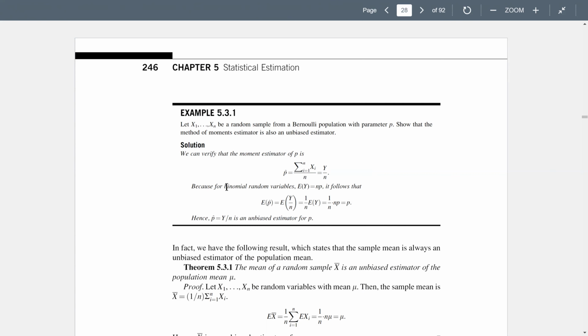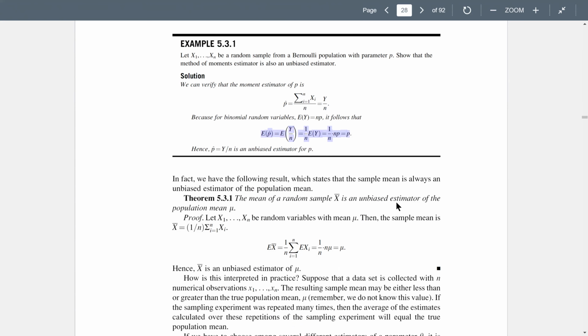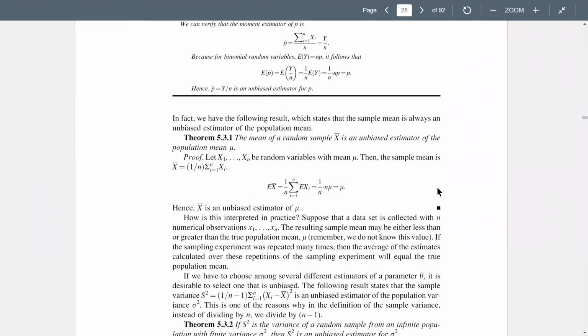So that's why we look at the sum of x for y, and that's why the expected value of y is n times p. And np over n is p. So that means the expected value of p hat equals the population parameter p, and that means the difference of them is 0, no bias. So unbiased estimator.